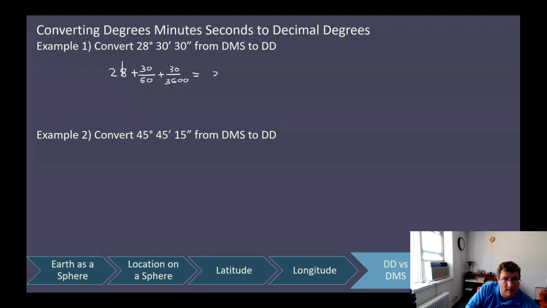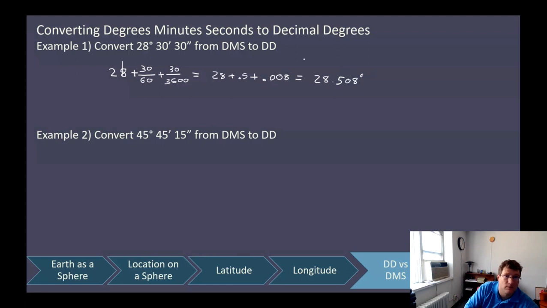If we do the math on that, 28 plus 30 over 60, which is 0.5, plus 30 over 3,600, which gives us 0.008, we get 28.508 degrees.